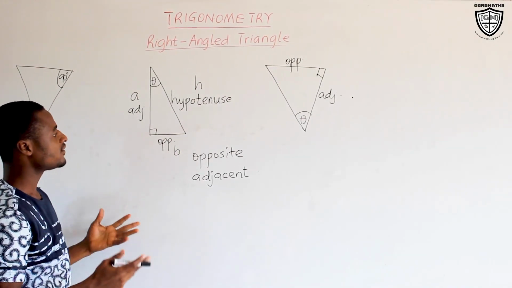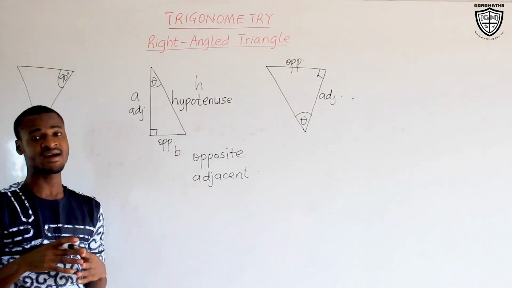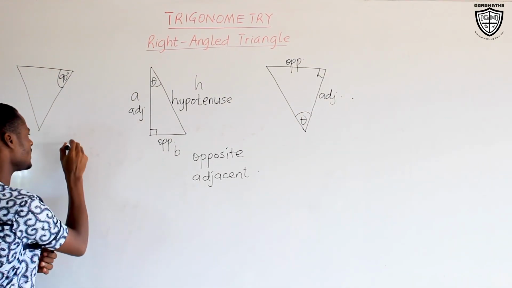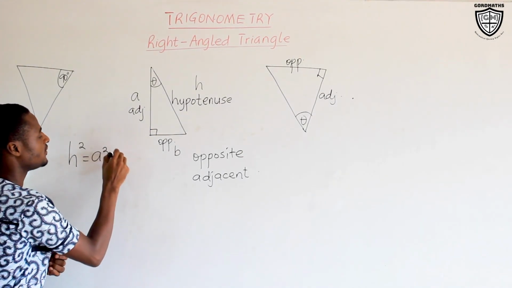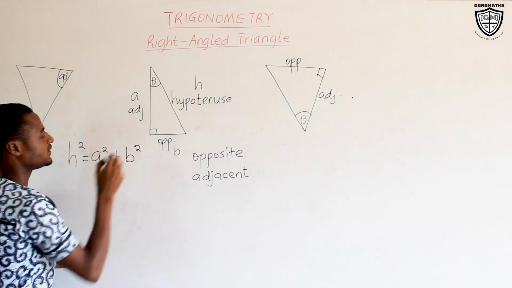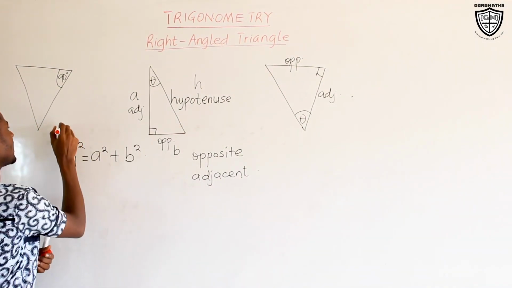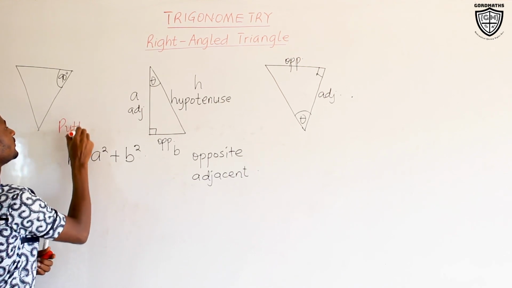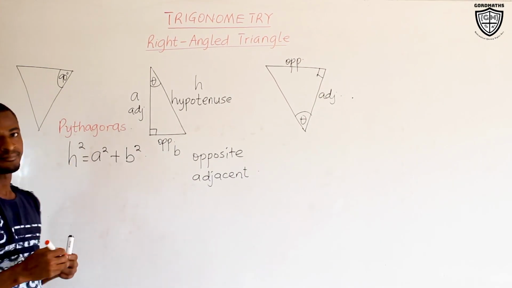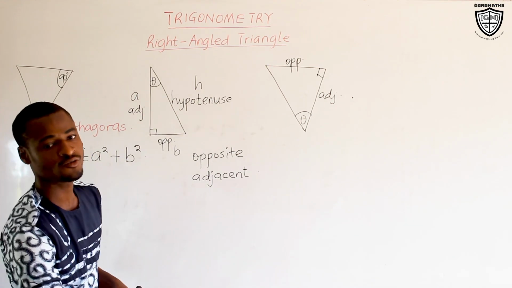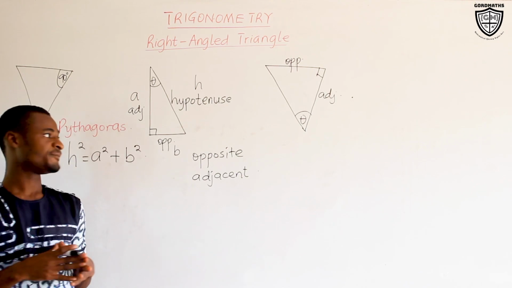Then Pythagoras was able to ascertain that in any given right-angled triangle, h squared is equal to a squared plus b squared. This is referred to as the Pythagoras theorem. And it is true for any given right-angled triangle.